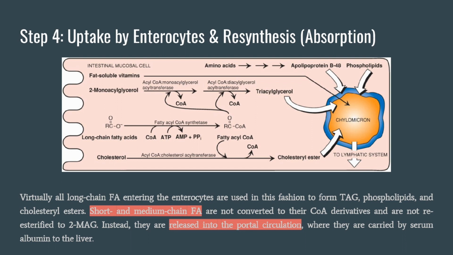Cholesterol is united with active acyl-CoA by the aid of acyl-CoA cholesterol acyltransferase, ACAT, to form cholesterol ester. Short and medium chain fatty acids are not converted to their CoA derivatives and are not re-esterified to 2-MAG. Instead, they are released into the portal circulation, and the figure represents actions on long chain fatty acids.